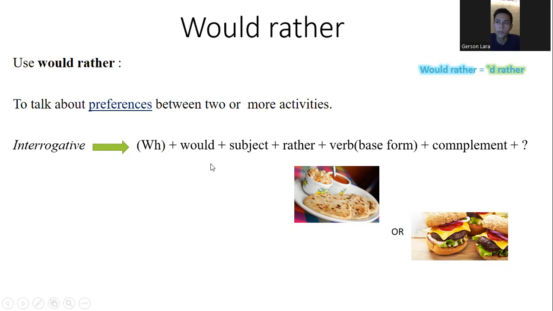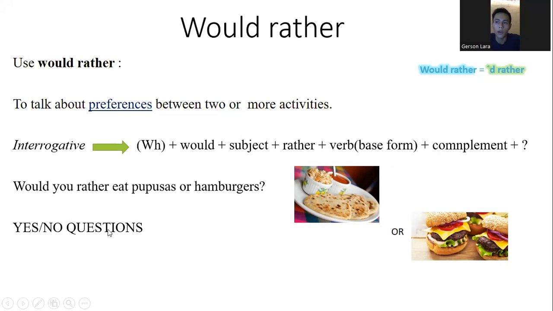Wh word plus would plus subject plus rather plus verb in the base form plus the complement, and don't forget the question mark at the end of the sentence. So here we have an example. Would you rather eat pupusas or hamburgers? So as you can see over here, we have two options. Those are pupusas and hamburgers, and you have to choose only one option.